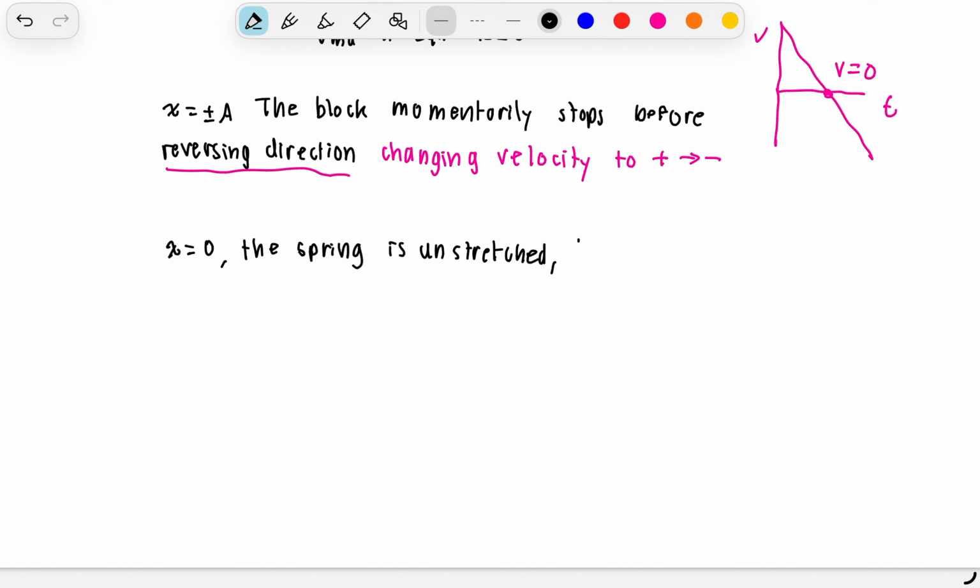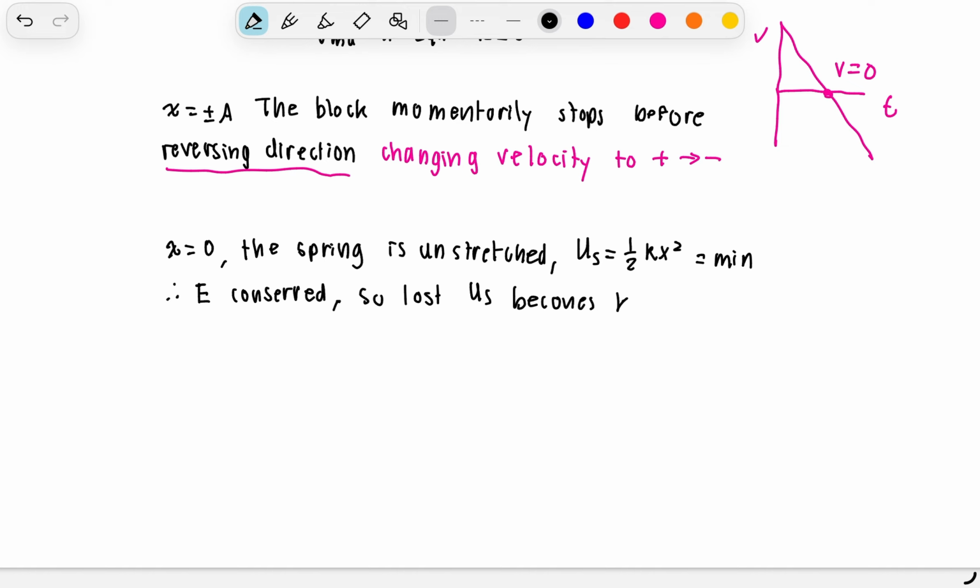So our potential energy, Us equals 1/2 kx squared, is going to be at its minimum. And we know that our energy is going to be conserved because we have no friction here. So our lost spring potential energy becomes kinetic energy.